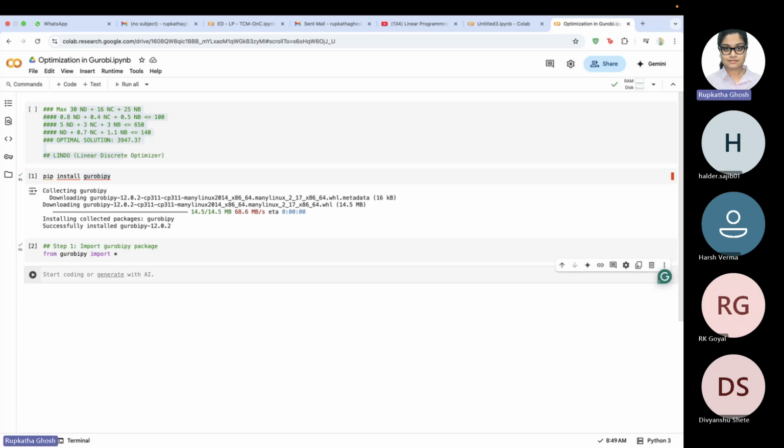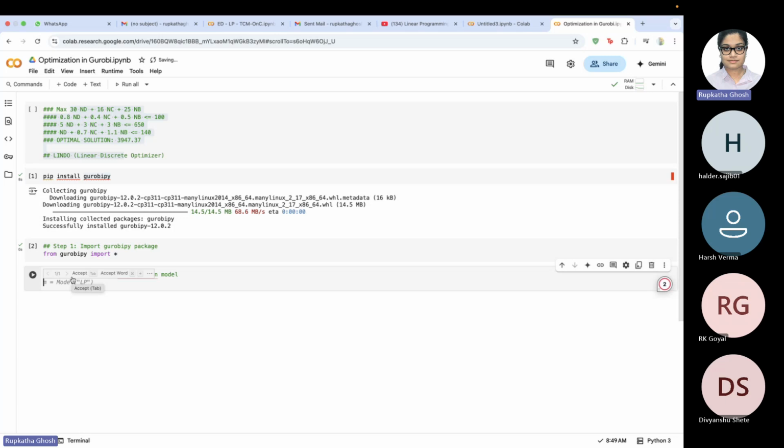After importing the package, we create an optimization model. You can give a name to this model. It is not necessary, but it is better to always give a name.